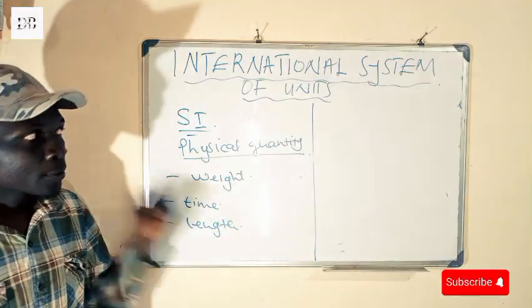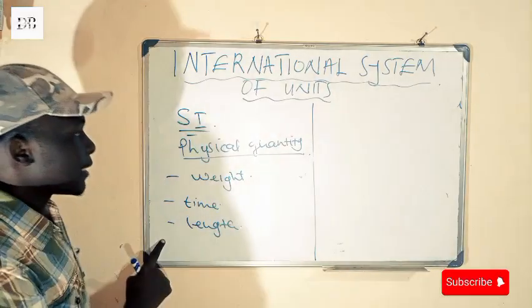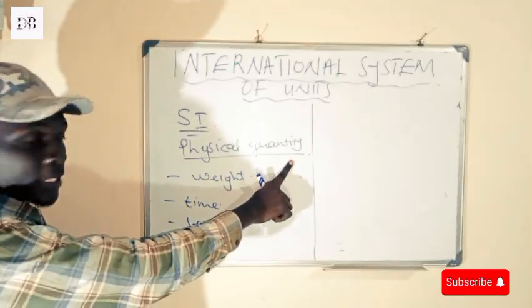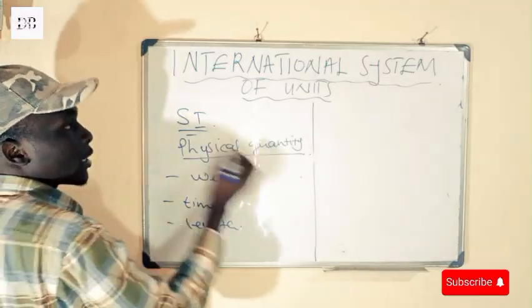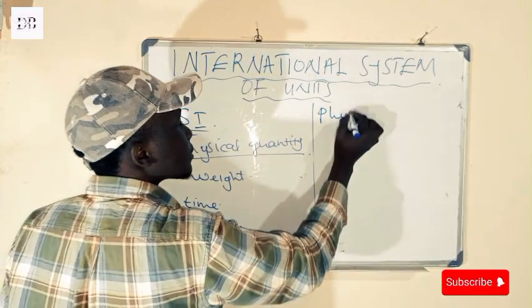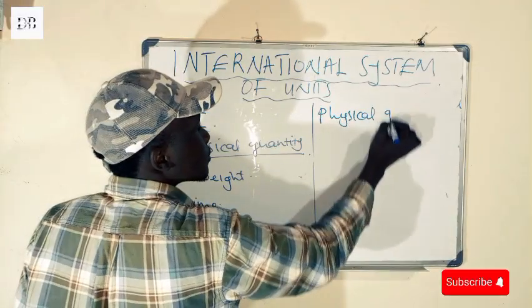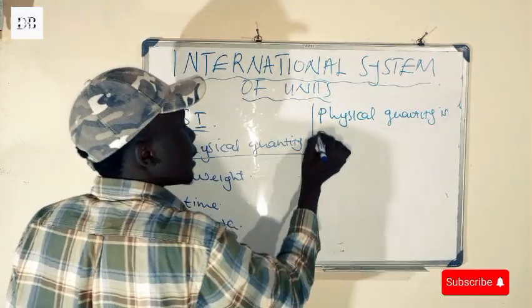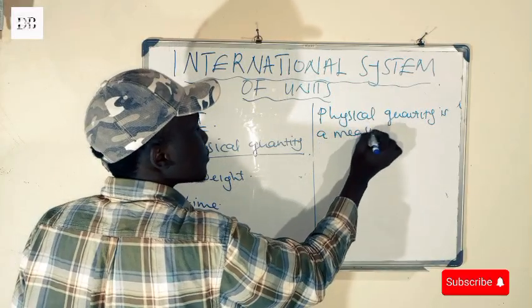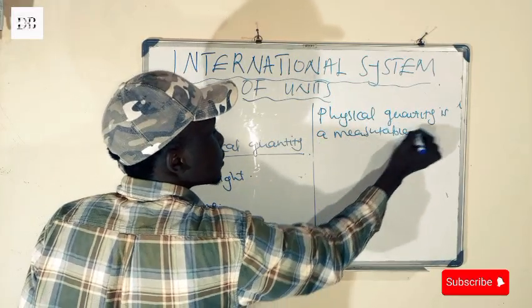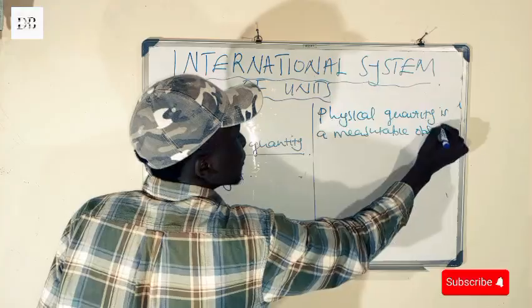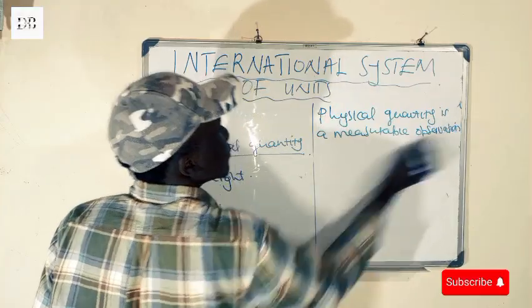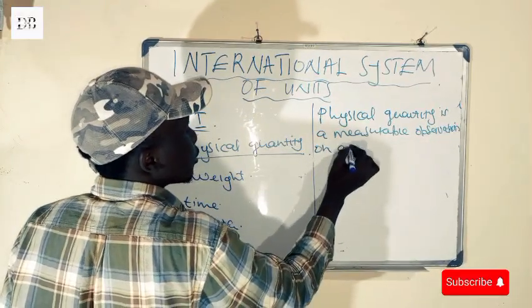But before we move on to that, let us give the definition of a physical quantity. A physical quantity is a measurable observation on an object.